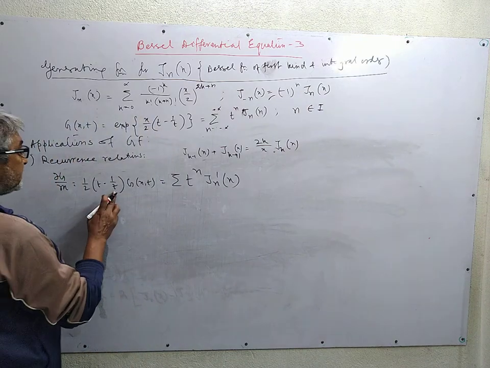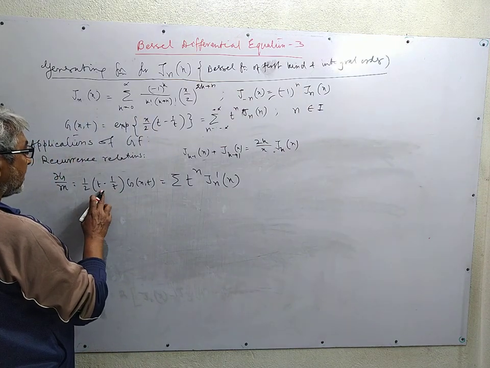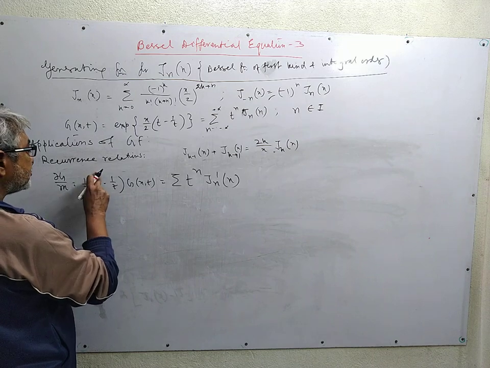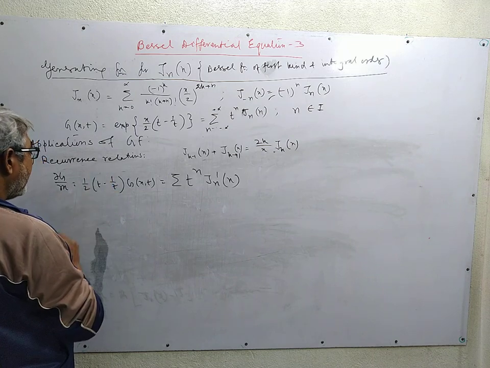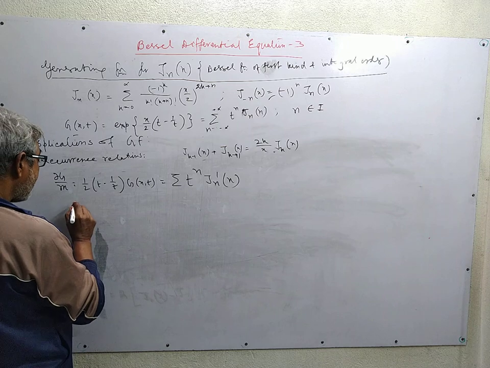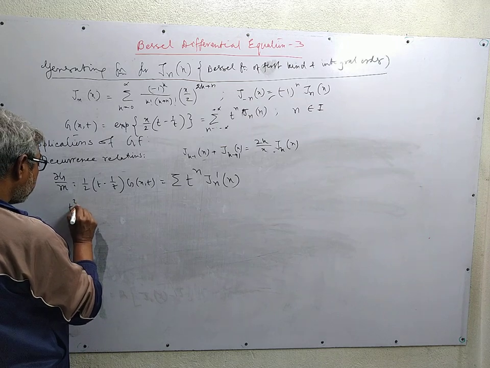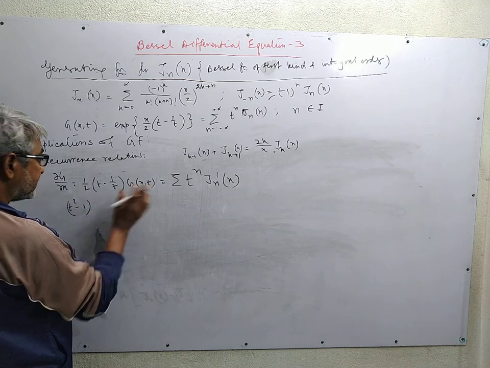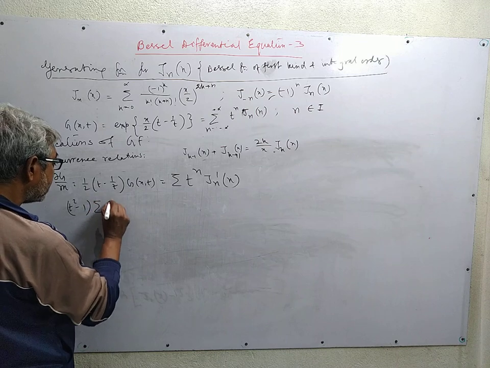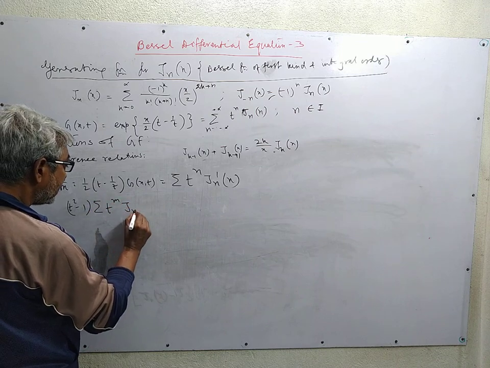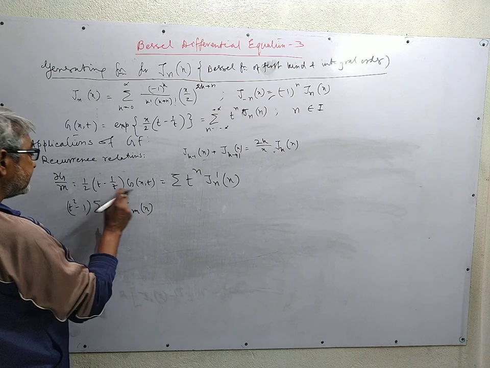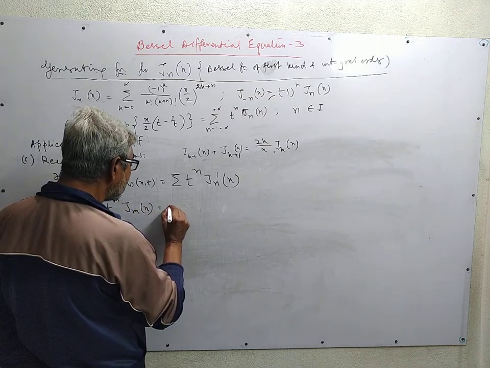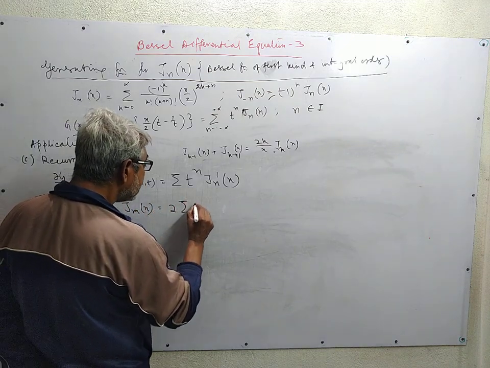So we take t common, in the denominator, this is t square minus 1, and for this we write summation over t to the power m jm of x, and in the denominator we have 2t.